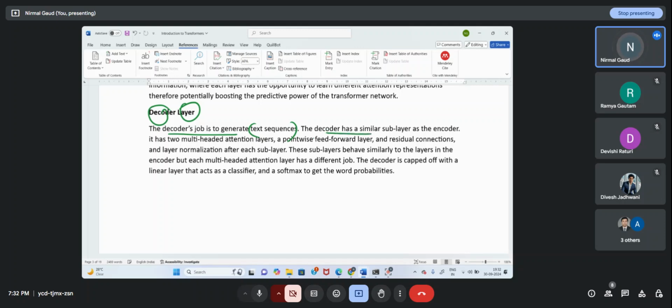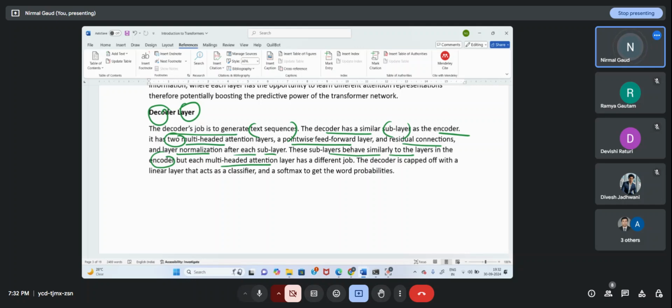The decoder also has the same layers as the encoder. It has multi-head attention too. It performs point-wise feed forward, which we also saw in the encoder. Residual connection also, normalization layer also. All the sublayers are similar to those in the encoder except multi-head attention.